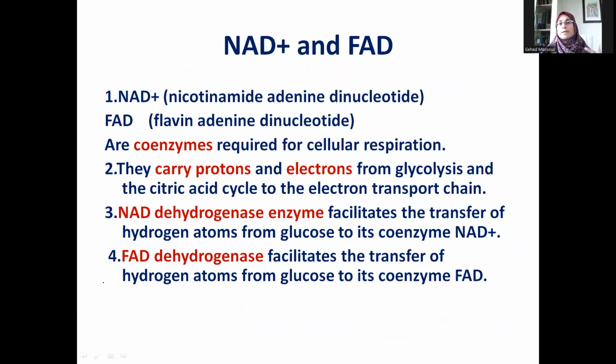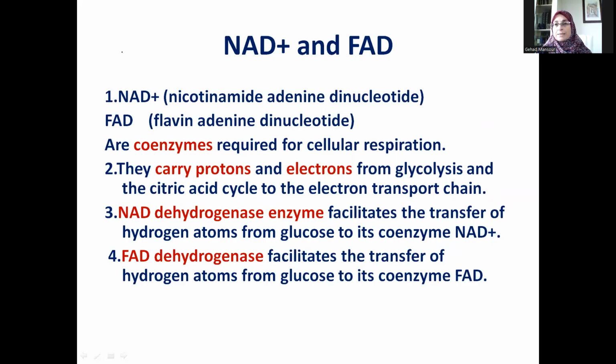Here, of course, as we said, NAD is nicotinamide adenine dinucleotide, and a nucleotide would consist of adenine plus a ribose sugar plus a phosphate, and that's why we call it nicotinamide adenine dinucleotide. FAD is flavin adenine dinucleotide.